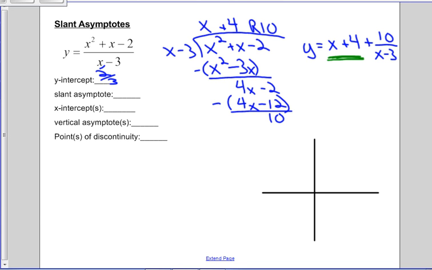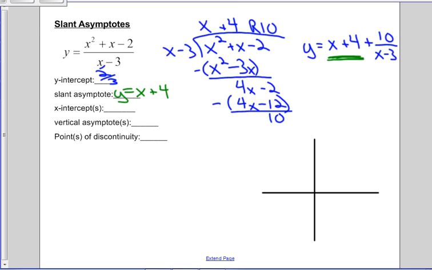And that's because if you think about this function as we go out towards infinity, far to the right, that 10 over x minus 3, that's going to become nothing. It's going to become insignificant with a big x value. The driver of the whole function is going to be that x plus 4 part. So we have a slant asymptote in this case of y equals x plus 4.